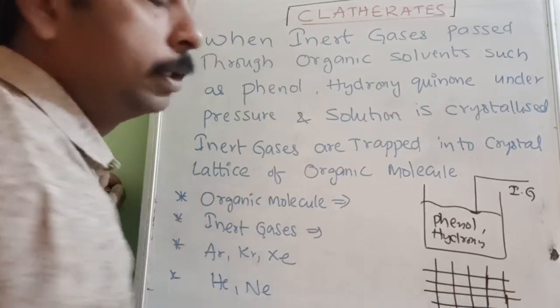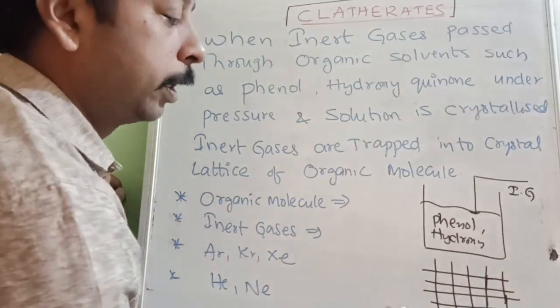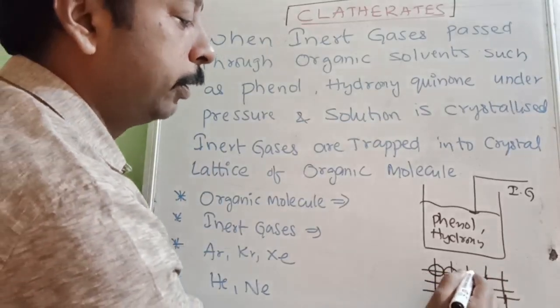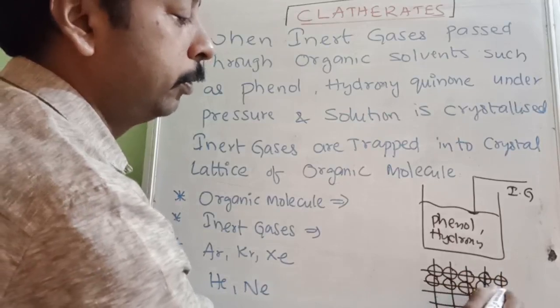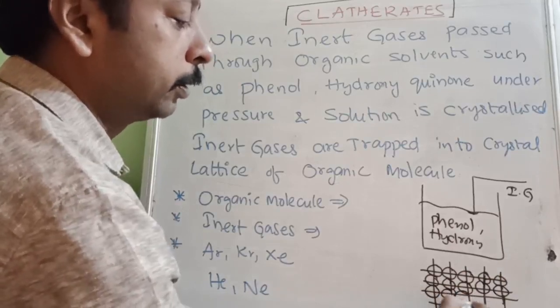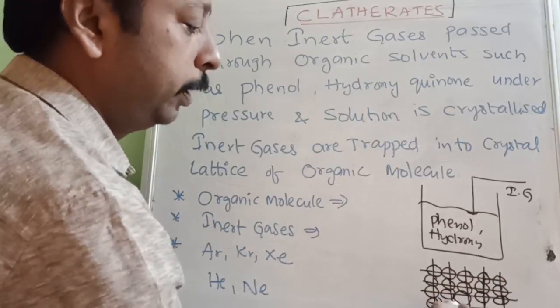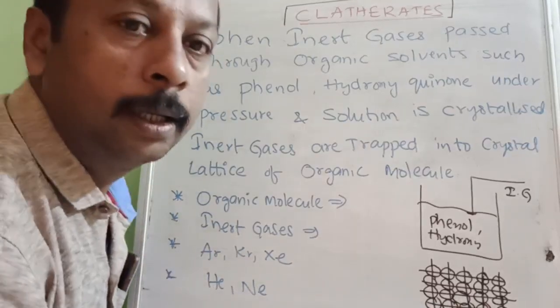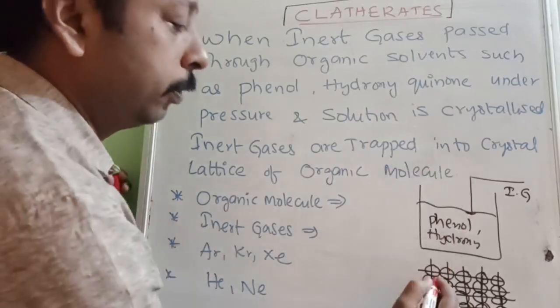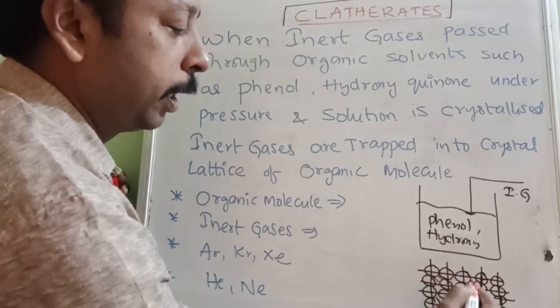This crystal lattice is formed by what? Organic compounds, so these are the phenol or hydroxyquinone molecules. In the phenol or hydroxyquinone molecule, the inert gas molecule will be trapped.